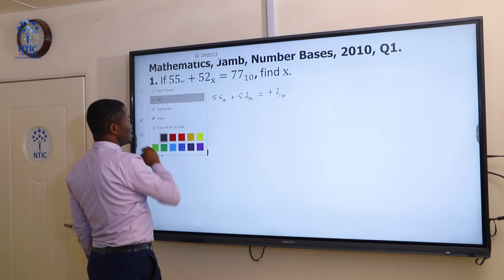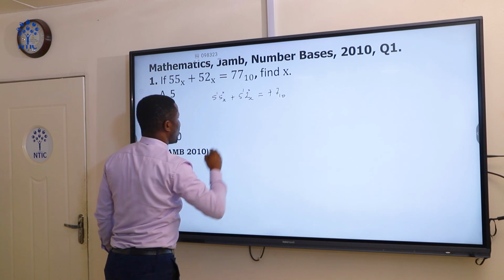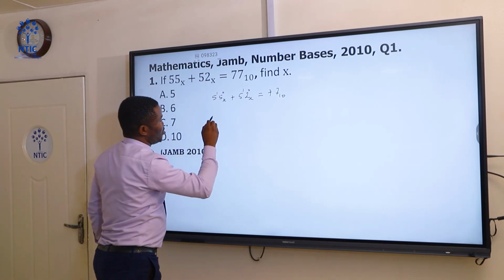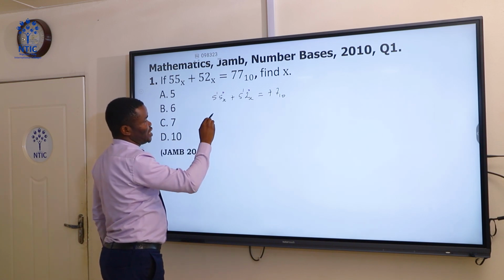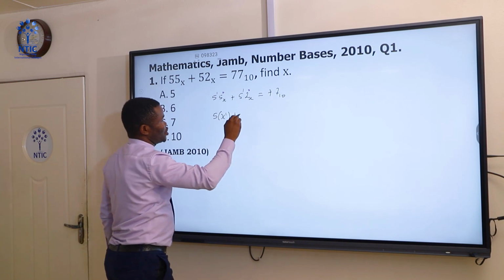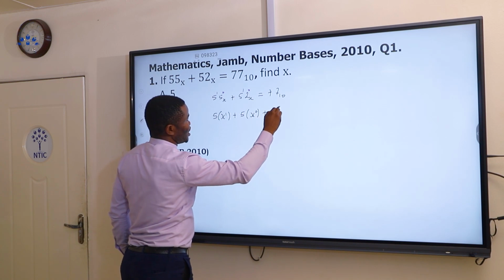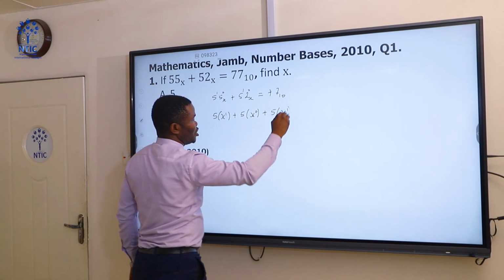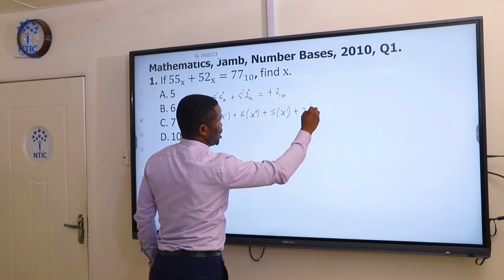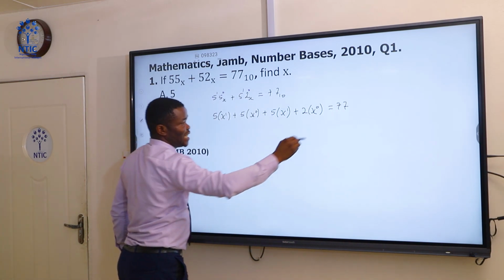So we can assign superscripts 0, 1, 0, 1, so that we can express them as powers of the base. So this is going to be 5 times x raised to power 1 plus 5 times x raised to power 0 plus 5 times x raised to power 1 plus 2 times x raised to power 0 equal to 77 base 10.